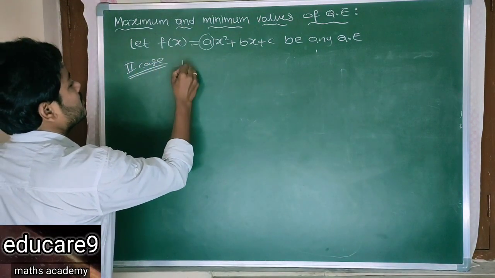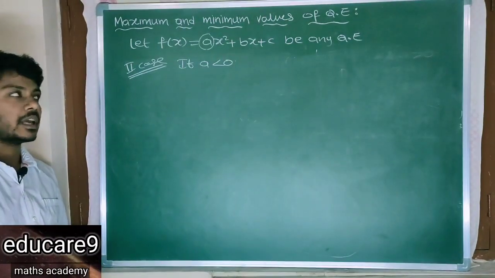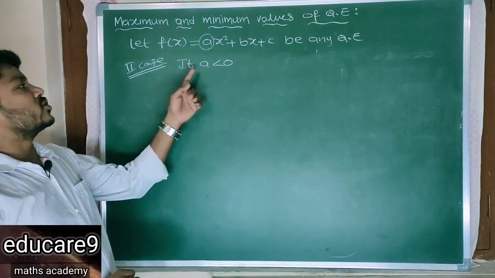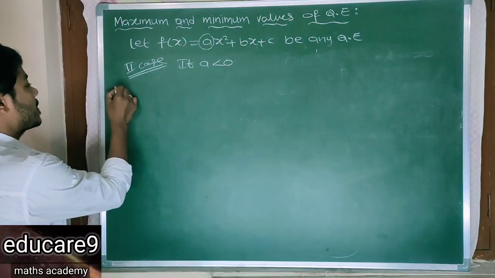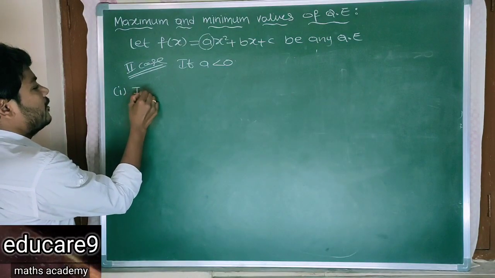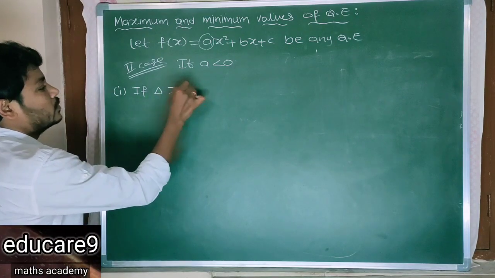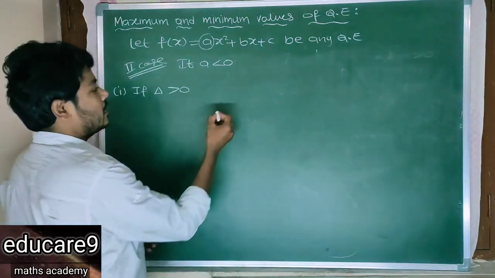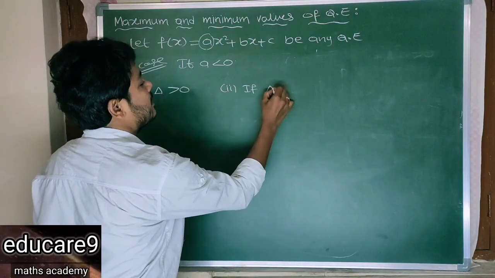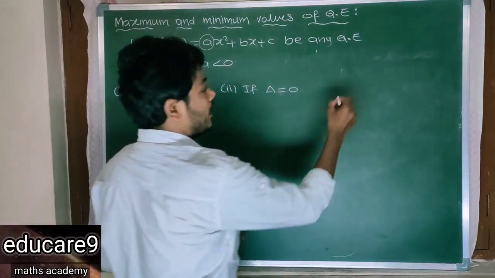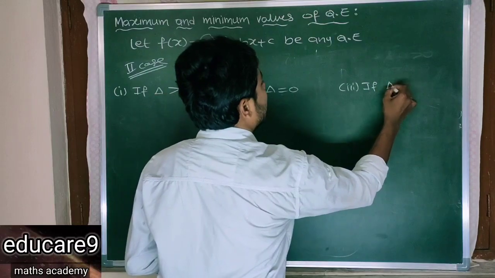So in the second case, if a is less than 0, which means the coefficient of x square is negative, the first case is if delta is greater than 0, the second case is if delta is equal to 0, and the third case is if delta is less than 0.